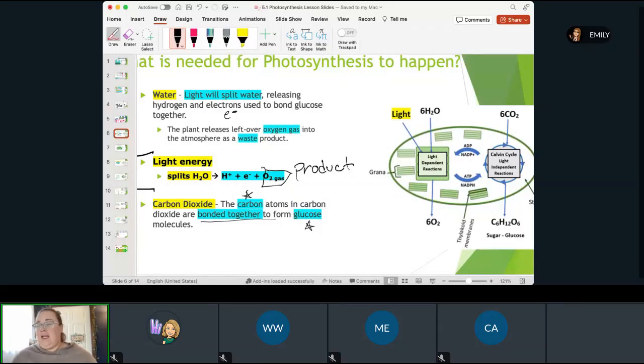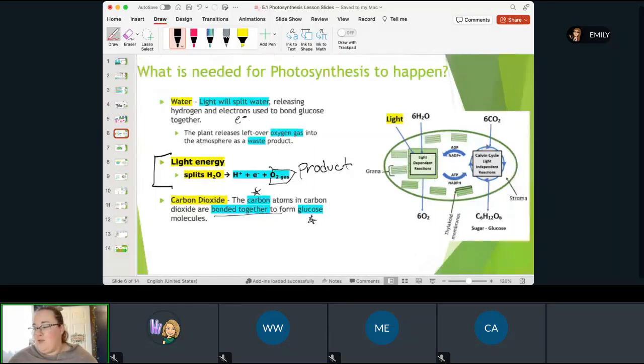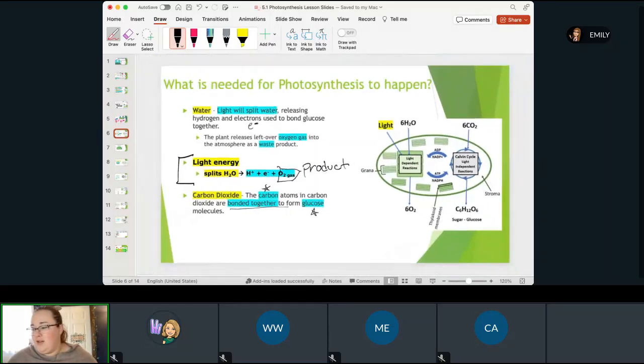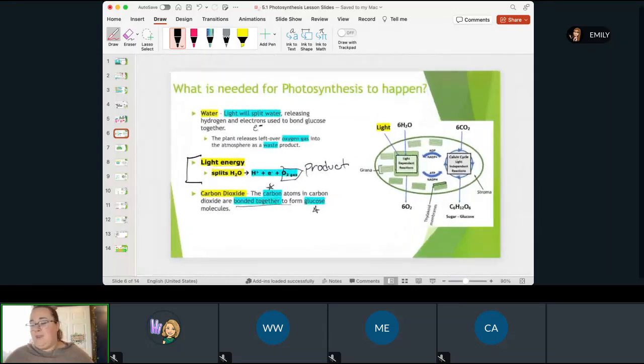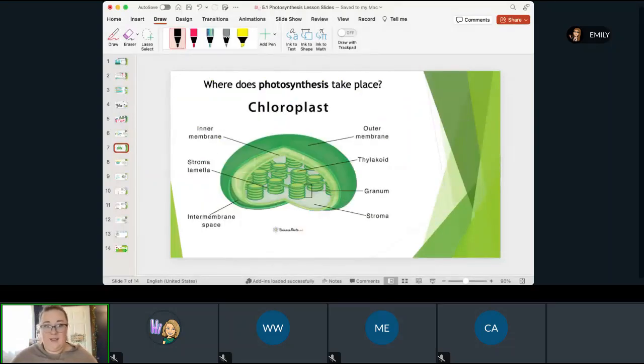Okay? Now, if you look at this picture over here on the right, this is looking at a chloroplast. So that's what our next slide is. We're going to talk about some of the key points of the chloroplast. Remember, chloroplasts are only in plant cells, and they are a membrane-bound organelle, meaning that they have a membrane.